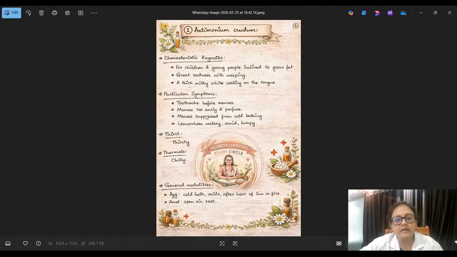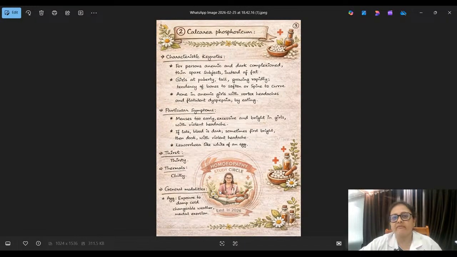I'm not only talking about OBG therapeutics, but all clinical subjects: OBG, surgery, medicine, pediatrics, dermatology, ortho, ophtho, any subject for that matter. If you understand why that remedy is given to that condition, it will be very easy for you to write therapeutics. Okay, hope I am clear with Antim crude.